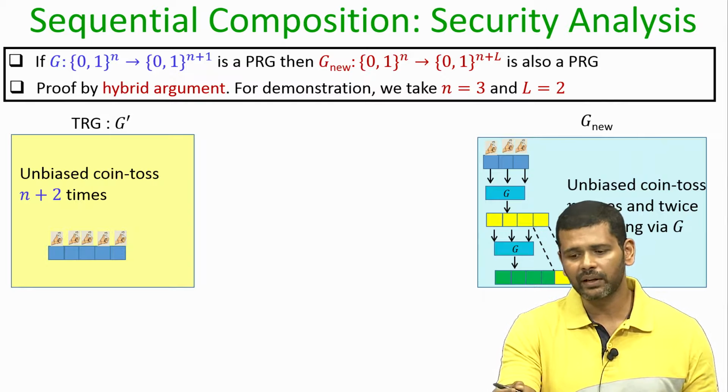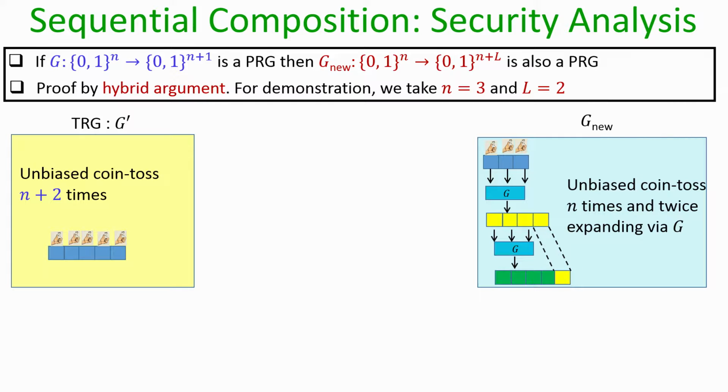Whereas, the sequential construction that we had given will look something like this. We start with a seed of length 3 bits, and we invoke the algorithm G and produce a pseudo random output of size 4 bits.